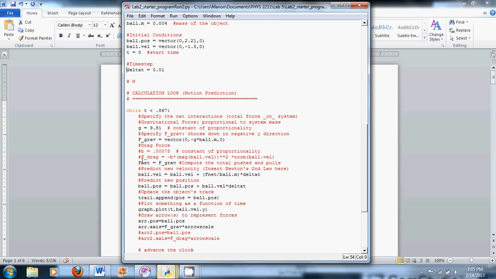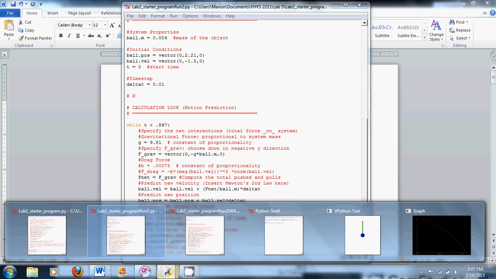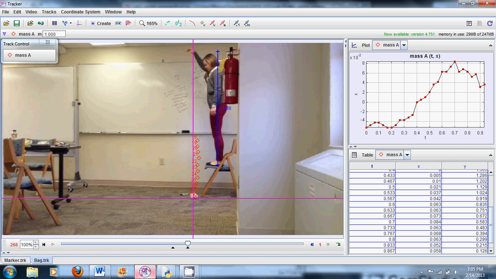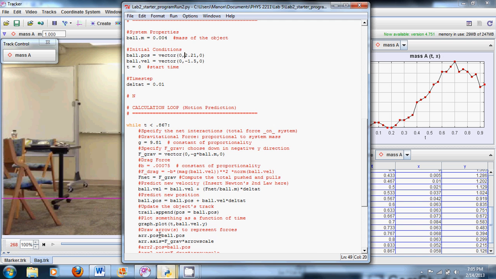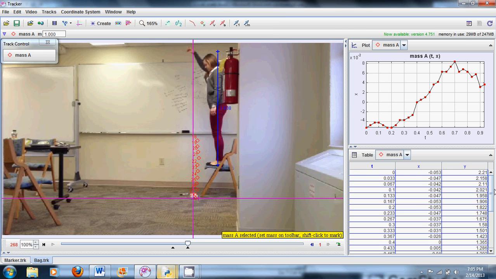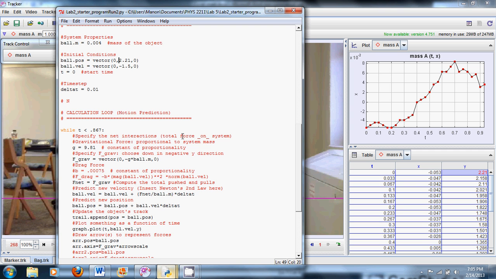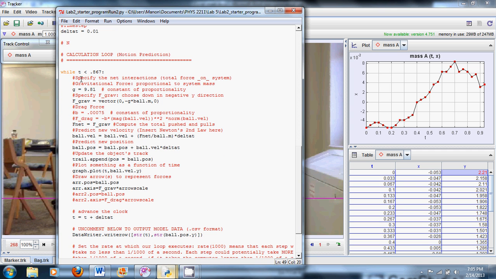Basically everything is the same as in the last one, except that we changed the mass and the initial position and velocity, which again I took from Tracker. All the equations are the same.